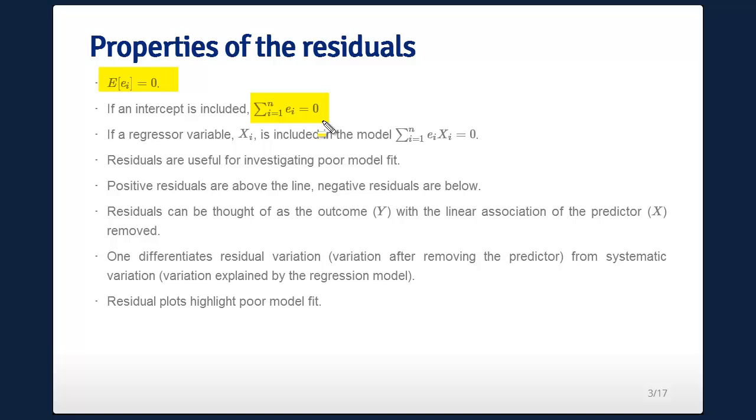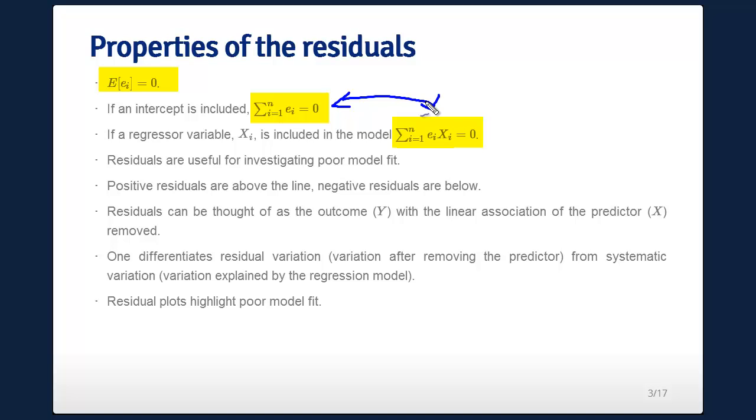And in fact, as we proceed in linear models, if you fit p terms in your regression equation, then if you know n minus p of the residuals, then you know the remaining p residuals. That's because of this latter fact that if a variable x is included in the model, then the sum of the residuals times x is also equal to 0. And of course, this statement right here is equivalent to the previous statement in the case when x is 1, which is the intercept case.